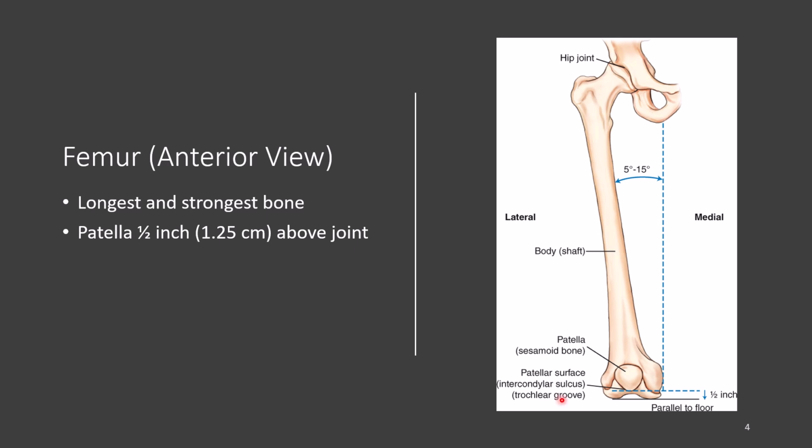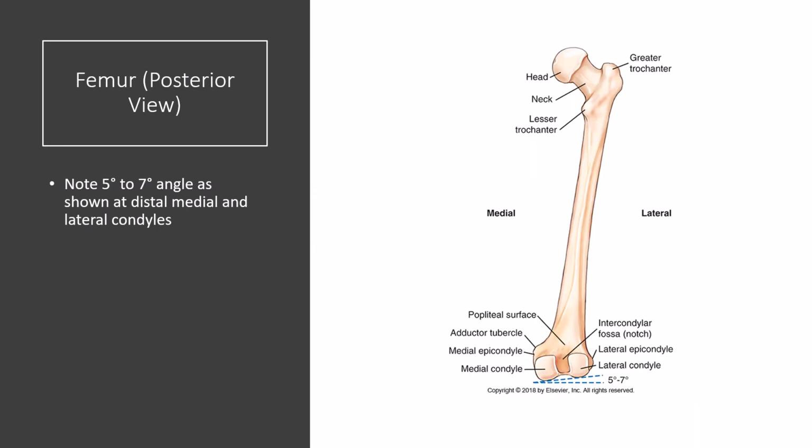That's an important distinction to be made, because it comes into play not only with positioning of the knee, but when we talk about positioning with the femur as well. Now, the condyles that we talked about, this is looking at the femur from the backside. So these medial and lateral condyles sit at a different degree of angulation.